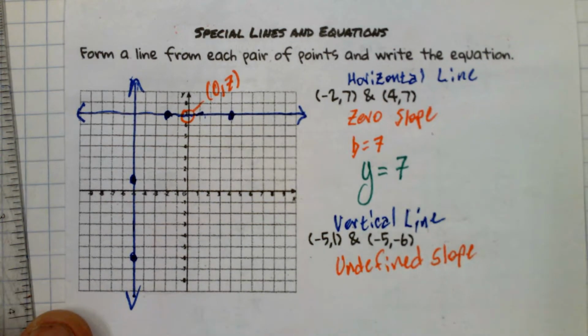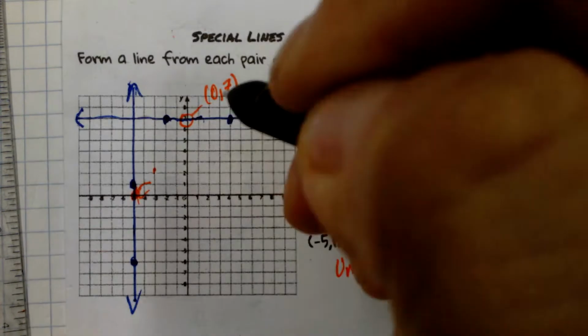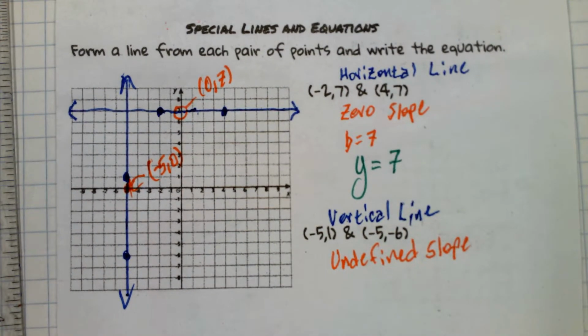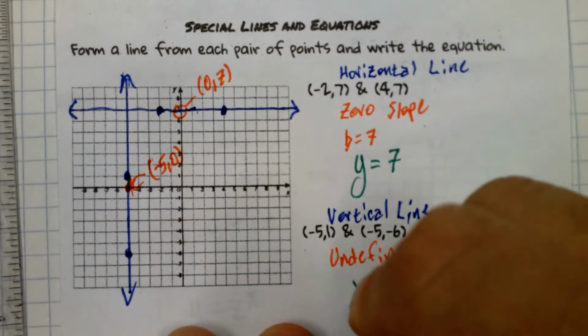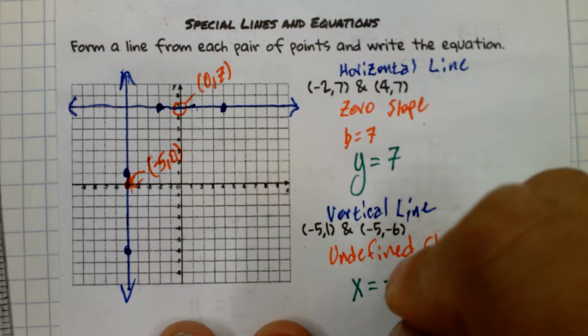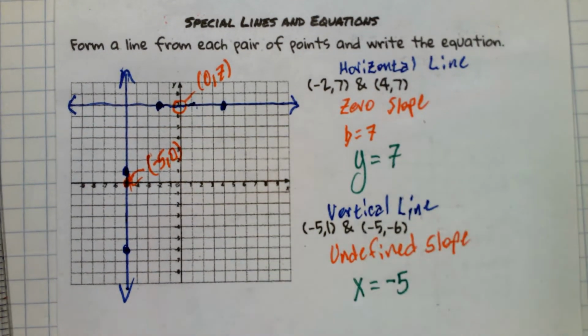Yeah, but we do have an equation for this. It doesn't have a y-intercept, but it does have an x-intercept at -5. So it's -5, 0. And basically it's going to be x equals -5. This one is x equals, in this case, the x-intercept. Okay.